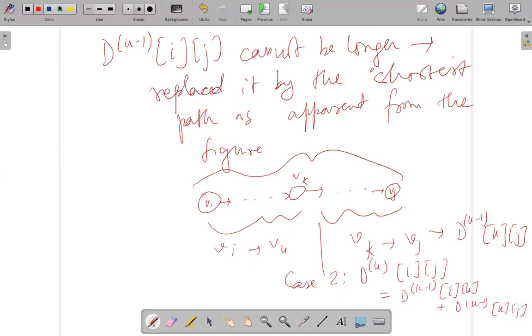So you see, this is the crux of the whole problem.